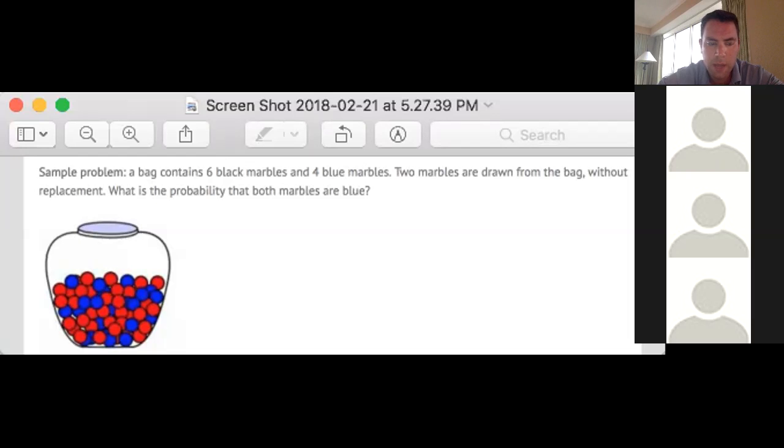So how can we answer this question? Well, let's take a look at the events. If you put your hand in the bag and you pick a marble out, there's 2 probabilities, and we can calculate those. What are the 2 outcomes?